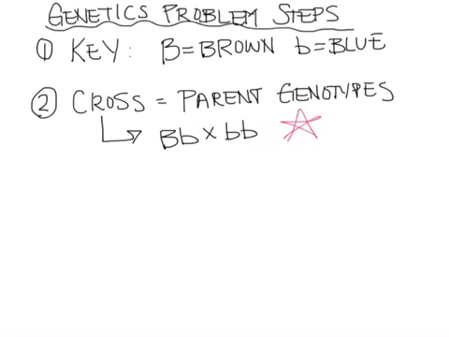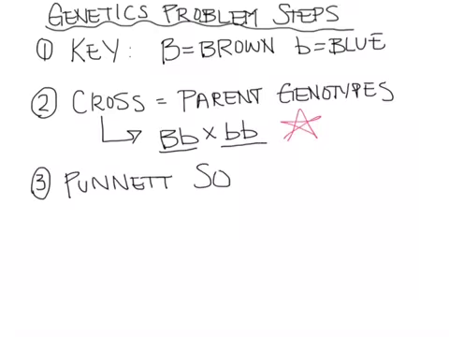Do I have heterozygous brown? Do I have a blue bird? Okay, third step. Now is where you draw the Punnett square. Okay, Punnett square looks like this.